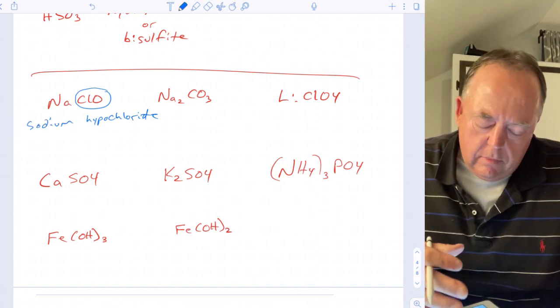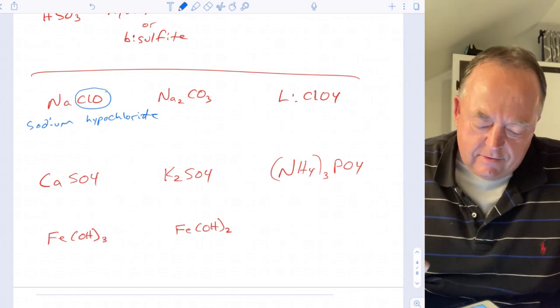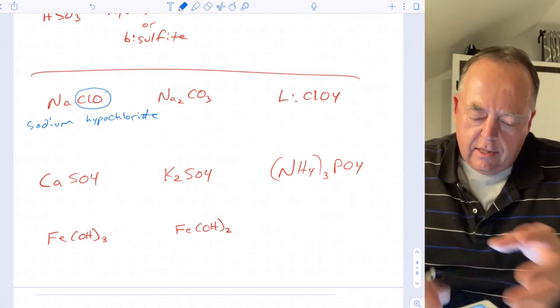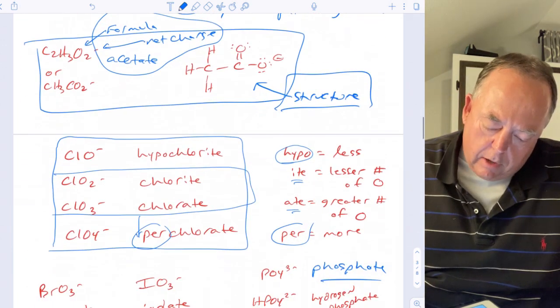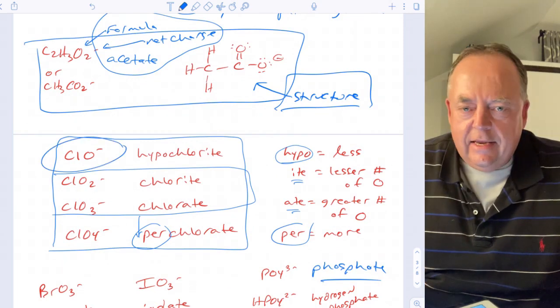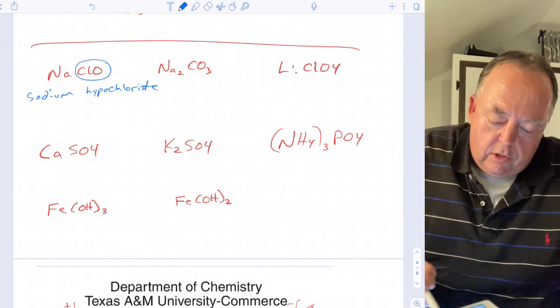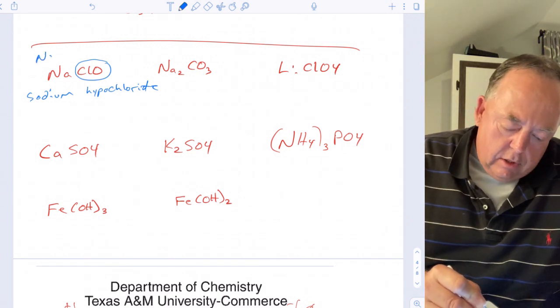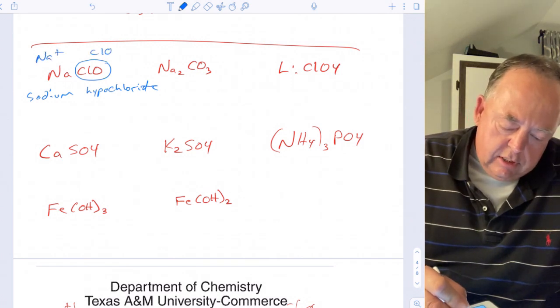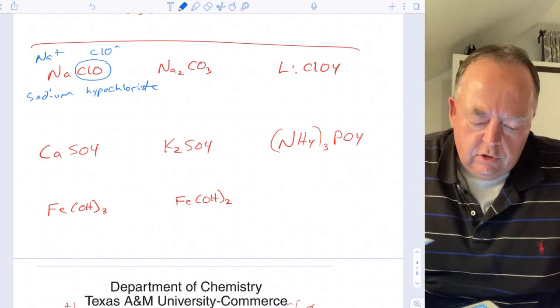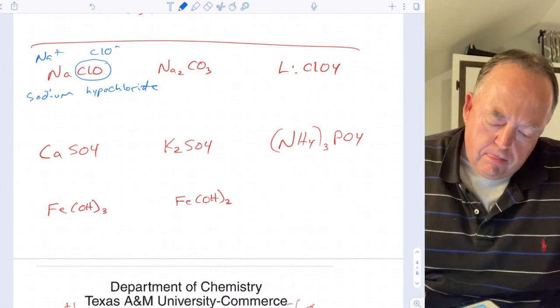It's not sodium chloride oxide, right? You have to recognize ClO goes together to make one of these polyatomic ions that has a -1 charge. And that would be why you have a 1-to-1 ratio, right? Because sodium is +1 charged and ClO minus is -1 charged, so there's one of each of them.